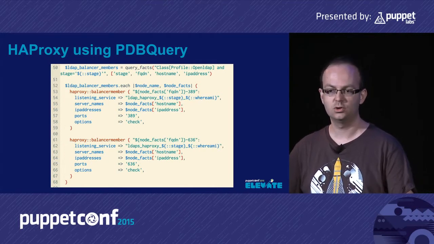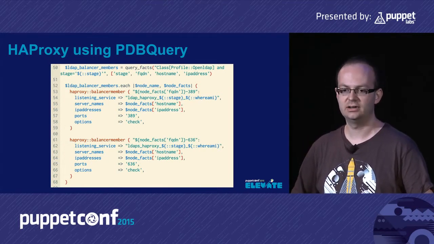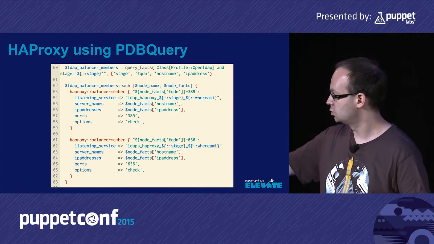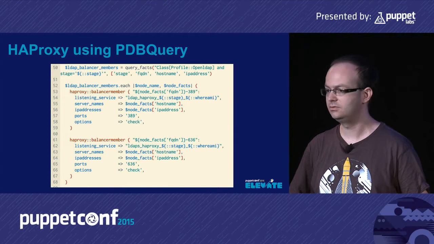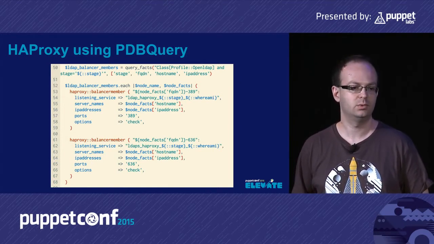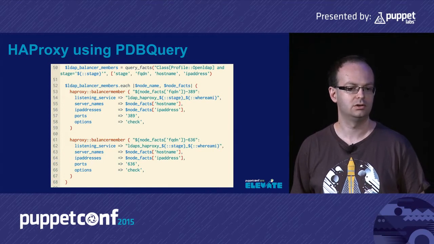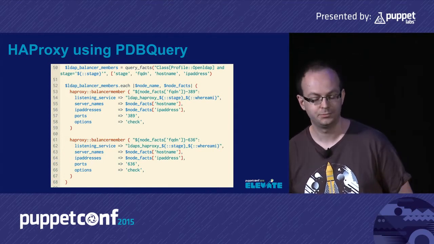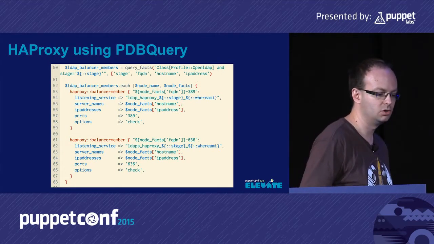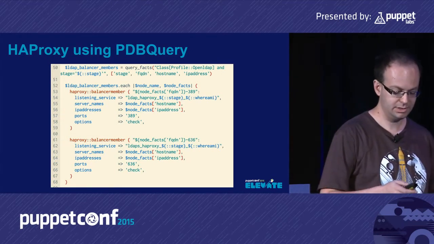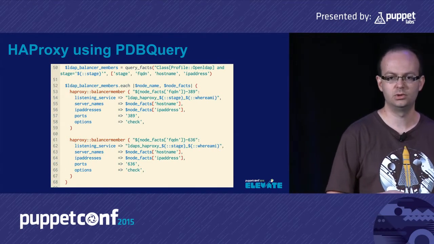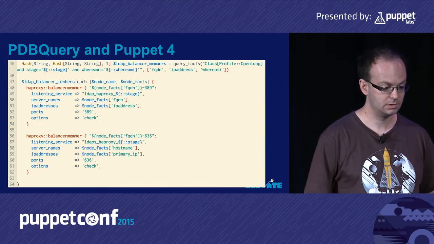You can even have it query all your production nodes, your stage nodes, whatever, and you can iterate quickly because you can just swap those resources out and configure your new load balancer and run an experiment to see if it works. And you haven't had to wait for Puppet to run on whatever nodes you're load balancing. So that basic approach of using PDB query and iteration is incredibly powerful and is going to be in most of the examples that I show.